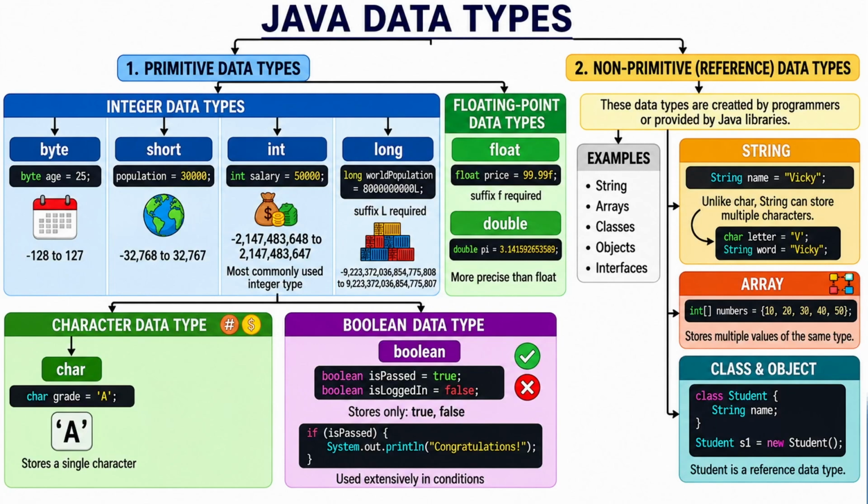So in the line Student s1 equals new Student, s1 is a variable name, so s1 will be stored in stack memory area, and new Student is an object that will be stored in a heap memory area, and the memory location of the object new Student in the heap memory area will be stored in the variable s1.